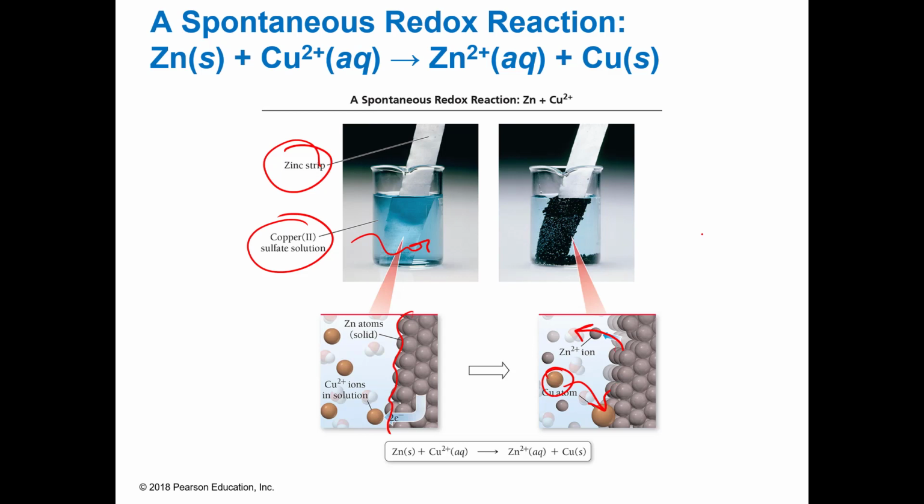By doing that, we actually plate the copper on the surface of the zinc. The zinc solid is converting to zinc ions, and the copper ions from the solution are plating out as a solid on the surface of the zinc. And that is a textbook galvanic cell.